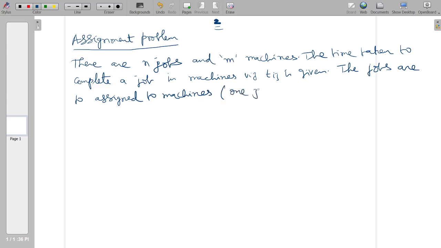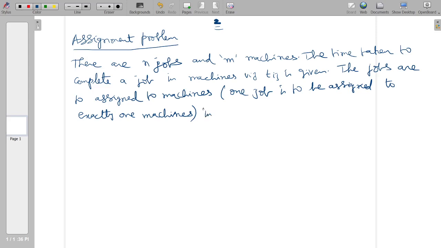The assignment should be like this: one job is to be assigned to exactly one machine. So in this case, the jobs are to be assigned in such a way that you assign one job to one machine.